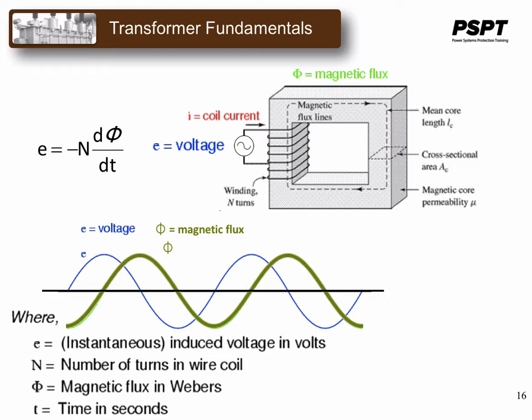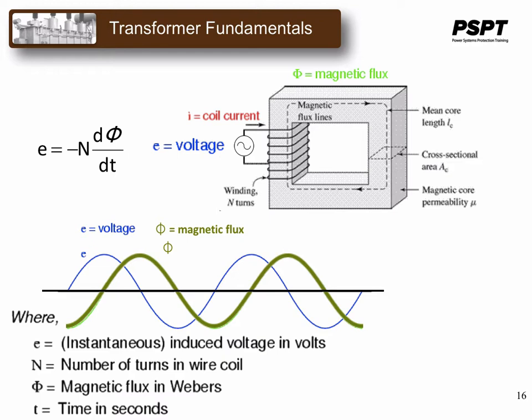A sine wave, which is shown in blue, that is 1/4 of a wavelength, or 90 degrees, in front of the flux wave, or you might say the flux wave lags the voltage wave by 90 degrees. Magnetic flux lags applied voltage by 90 degrees because the voltage E is proportional to the rate of change of flux, dφ/dt.